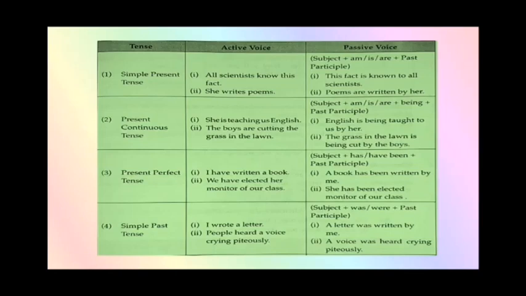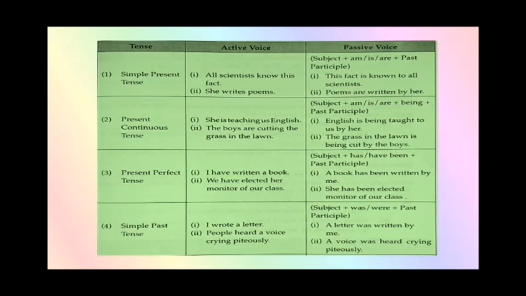The first one is, I have written a book. While changing it into a passive voice for the present perfect tense, the rule is subject plus has, have been plus the past participle. So for the first sentence we have a book has been written by me.